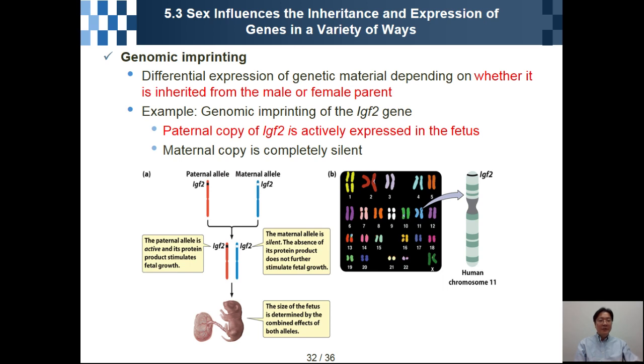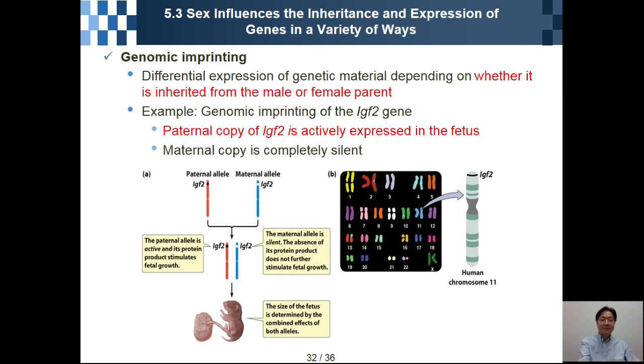If you learn epigenetics, you will completely understand this phenomenon, but I will not cover the details. In the next semester, I will open an epigenetics class. If you are interested in learning more detail about genomic imprinting, you had better take the epigenetics course next semester.